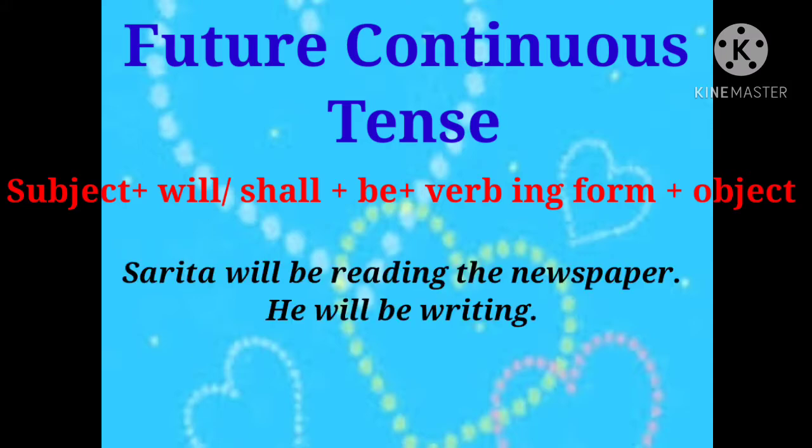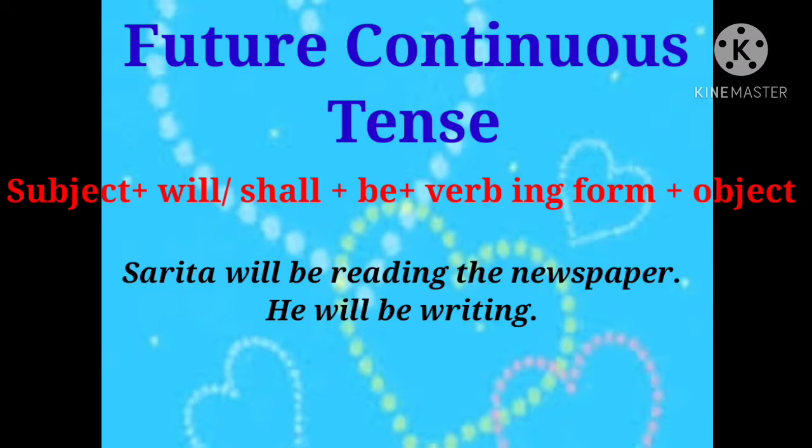And the formula to make future continuous tense is: first we will use subject, then will, shall, then be, then verb ing form, and then the object, meaning the rest of the sentence. For example, you can see on the screen, Sarita will be reading the newspaper.